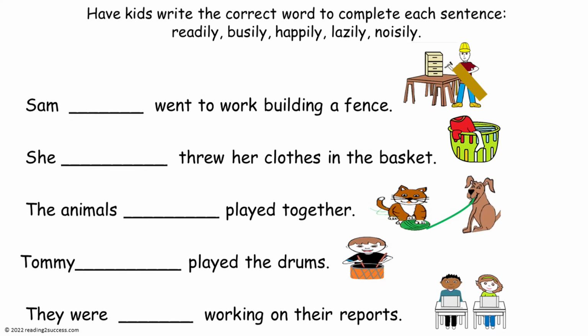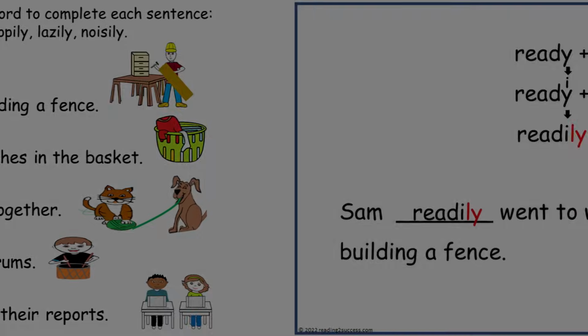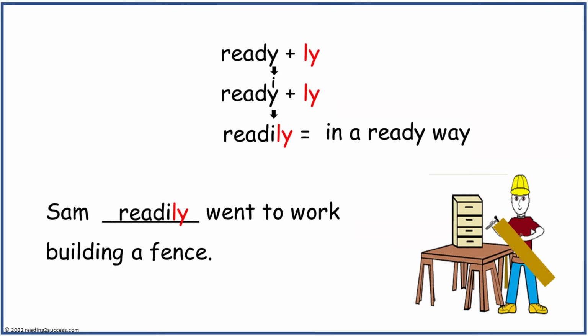Have kids write the correct word to complete each sentence. Their choices are readily, busily, happily, lazily, and noisily. The first answer is readily. Y is changed to i and the suffix ly is added. Sam readily went to work building a fence.